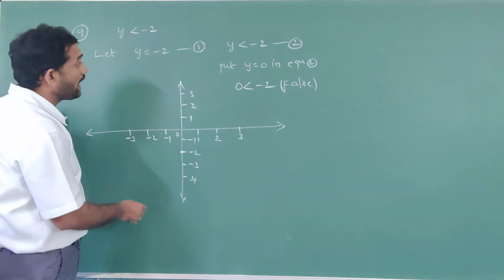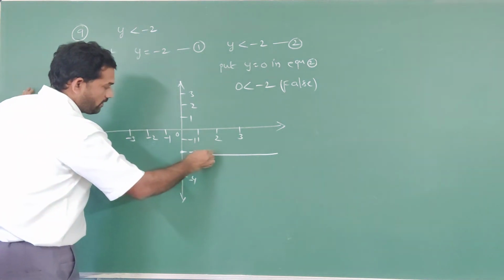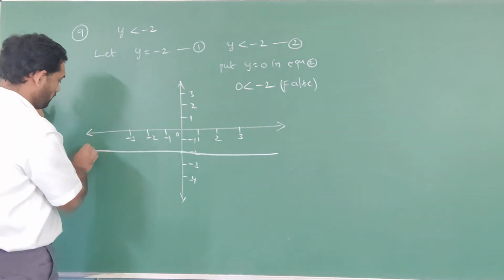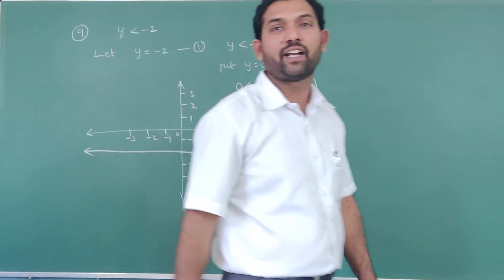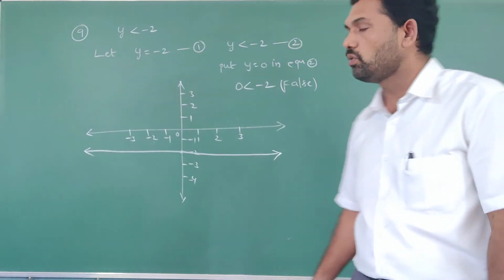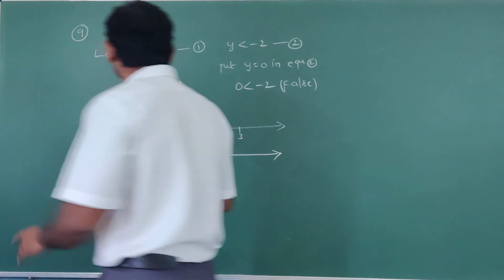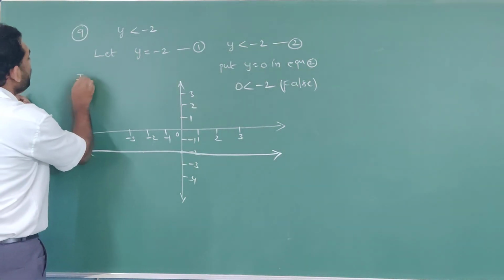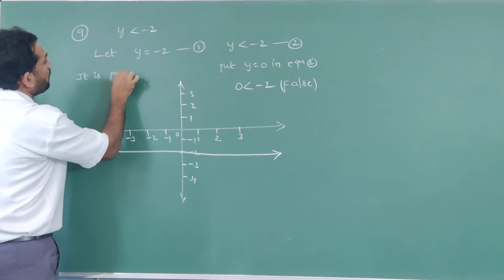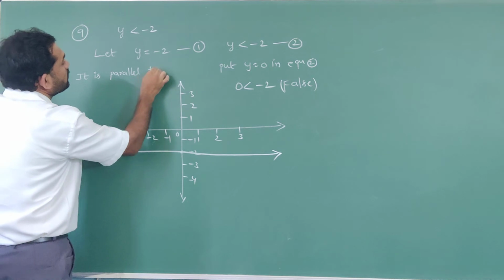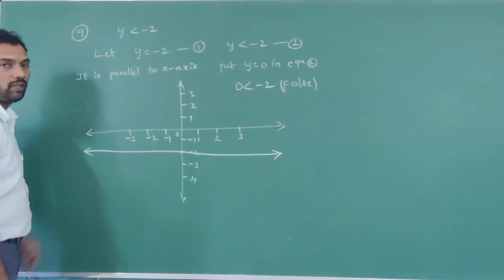So that line y is equal to minus 2 is, you know that already, a constant function graph, parallel to the x-axis.